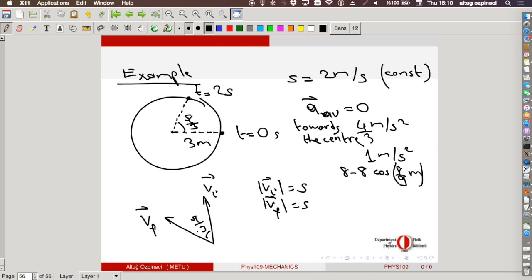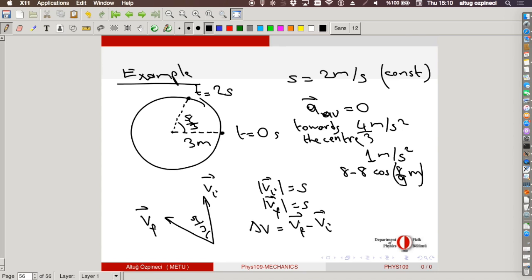Now delta v is equal to v final minus v initial. To calculate this, just rotate v initial; minus v initial, you can just think of it as a vector from here to here, and you add v final.